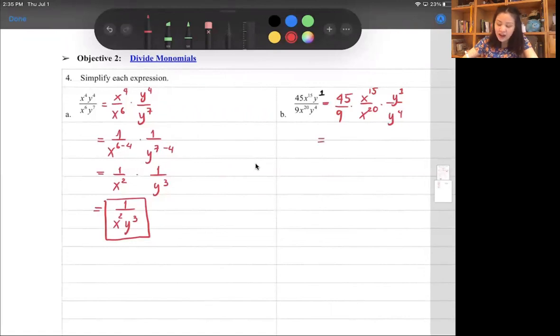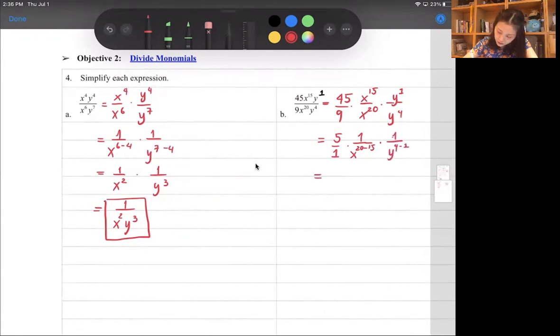45 divided by 9 is 5, or 5 over 1. Times x to the 15 divided by x to the 20. Again, the degree of the denominator is bigger than the degree of the numerator. So this is 1 over x to the 20 minus 15. Times y to the 1st divided by y to the 4. So it's 1 over y to the 4 minus 1.